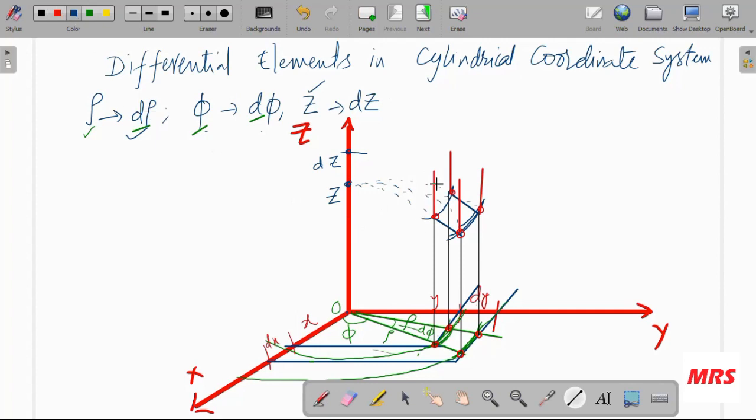Then again, this is parallel to the y-axis, and again there will be two curves.